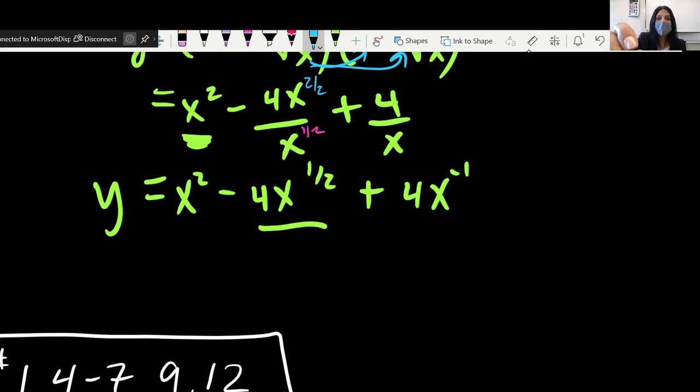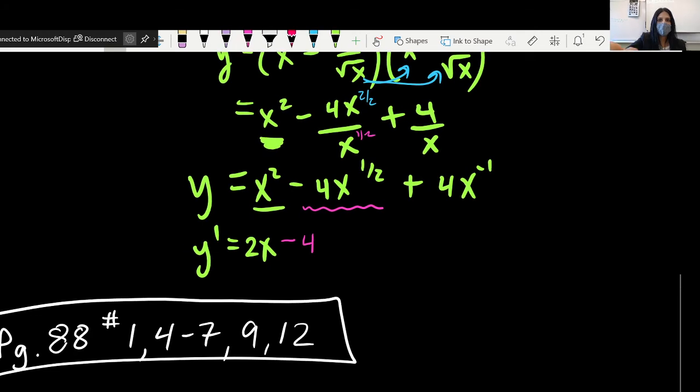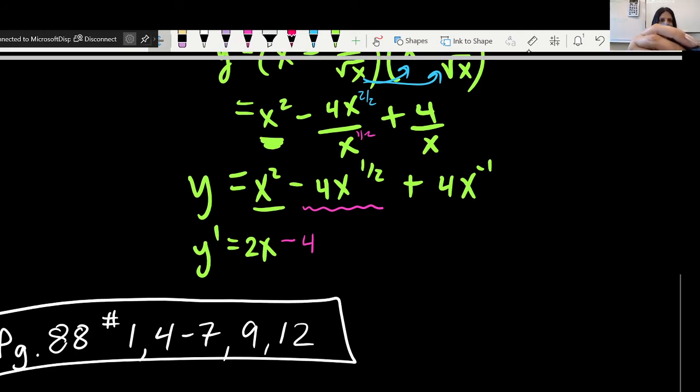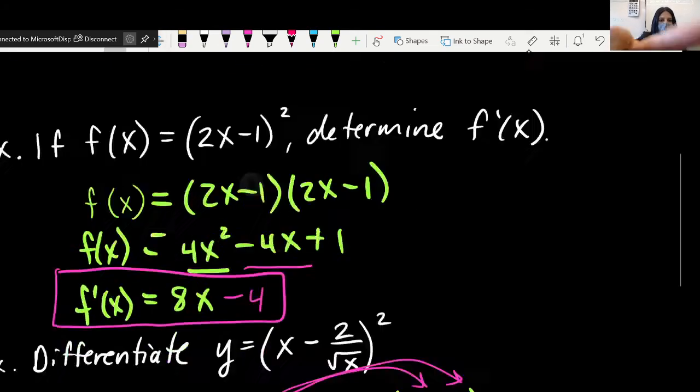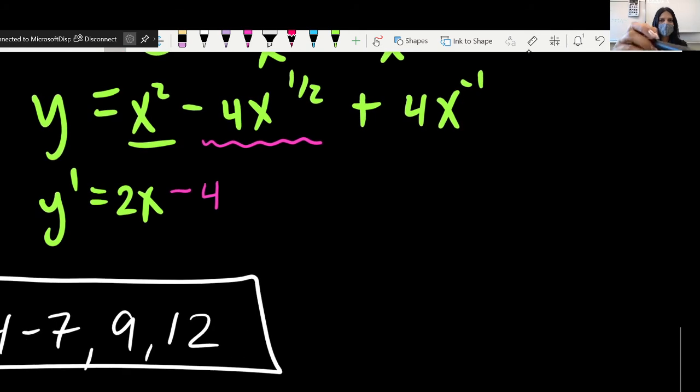Good? No worries. And then for this first one, now we can start to take the derivative. Do you see that we would just get 2x here? And then when we move on to the next one here, what are we going to get for our derivative? Maybe I'll write it all out for you so you can clearly see what we would get. We can work with this.